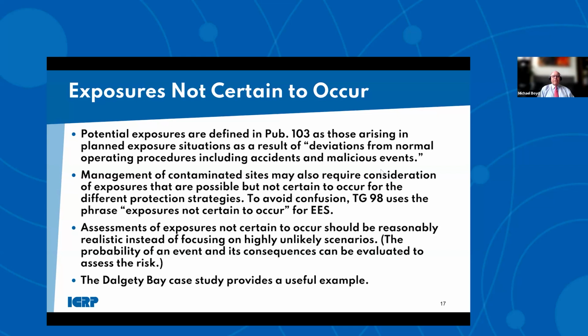So as I mentioned, to avoid confusion, we're using this term of exposures not certain to occur in the context of existing exposure situations. Assessments of these exposures should be reasonably realistic instead of focusing on highly unlikely scenarios. The probability of an event and its consequences can be evaluated to assess the risk. And among our case studies, the Dalgety Bay case study from Scotland provides a useful example, and this is discrete particles of radium which are distributed probabilistically, and I think you'll find that case study very interesting as well.